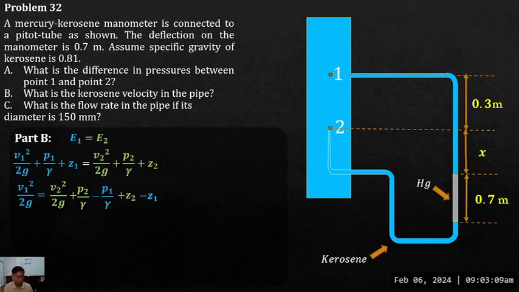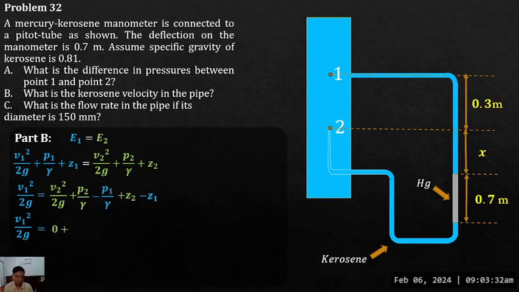Pagkatapos, gusto nating malaman dyan yung velocity sa point 1. So, knowing na yung velocity head sa point 2 is 0 kasi yun yung concept ng pitot tube, 0 yung velocity sa point 2. So, 0 yan.